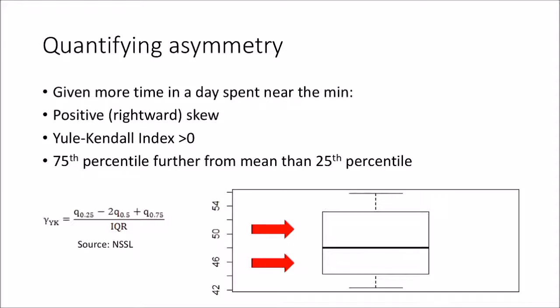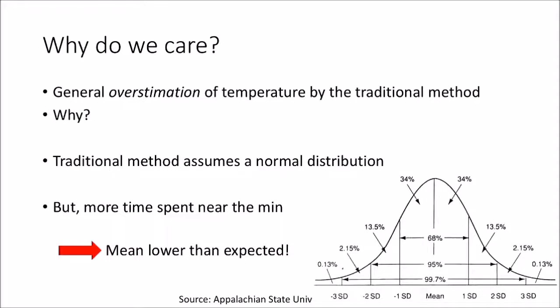So your 75th percentile is further away from the median than the 25th percentile, and hence that gives you this positive number, the plus here. And you see it in the box and whisker plot, that rightward tail coming from less time being spent near the top. All right, so why do we care about all of this?